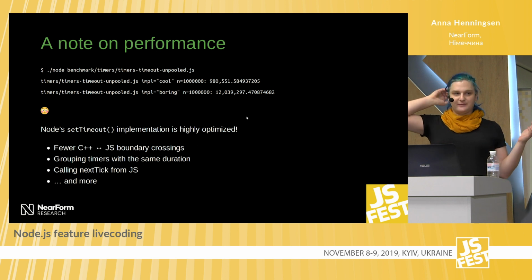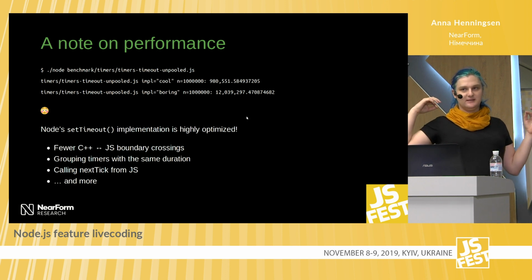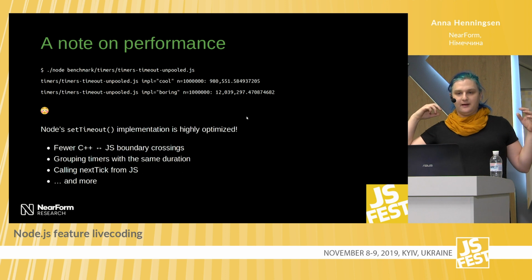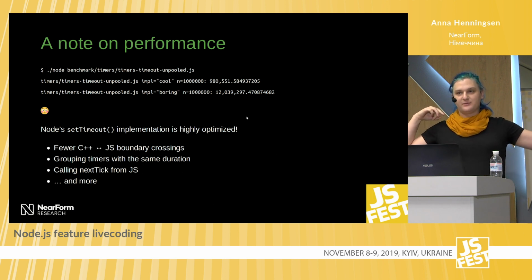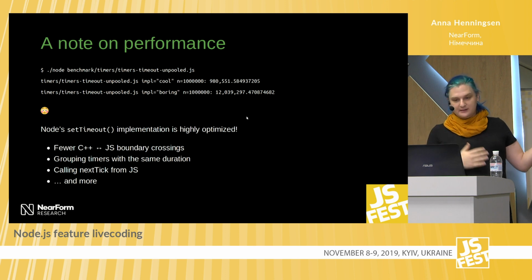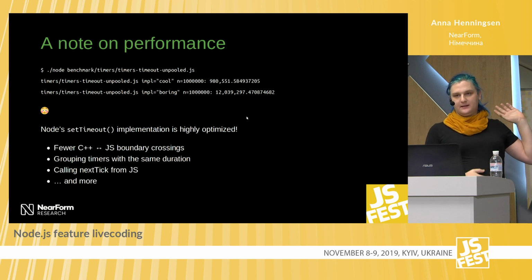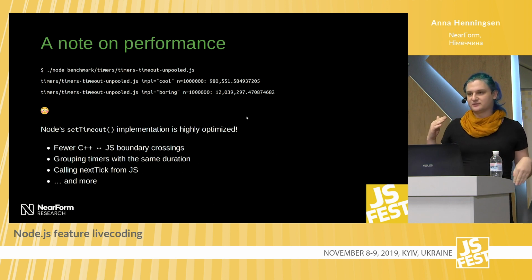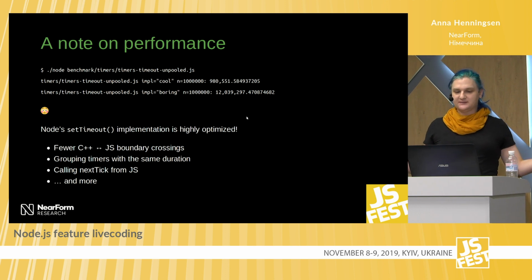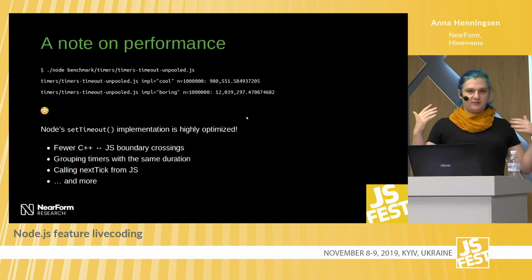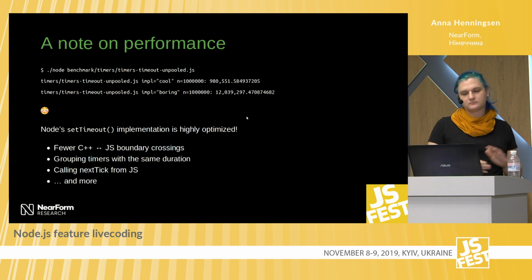What our actual setTimeout implementation does, it doesn't create a libuv timer for every timer that you schedule. There is only one libuv timer, and we manage the rest of the timers in C++ and JavaScript land. So if you schedule 2 timers with a duration of 500 milliseconds, it's just going to call them right after each other.